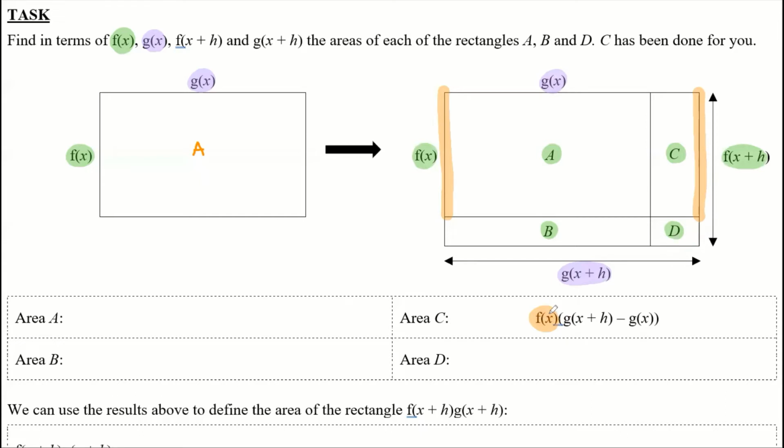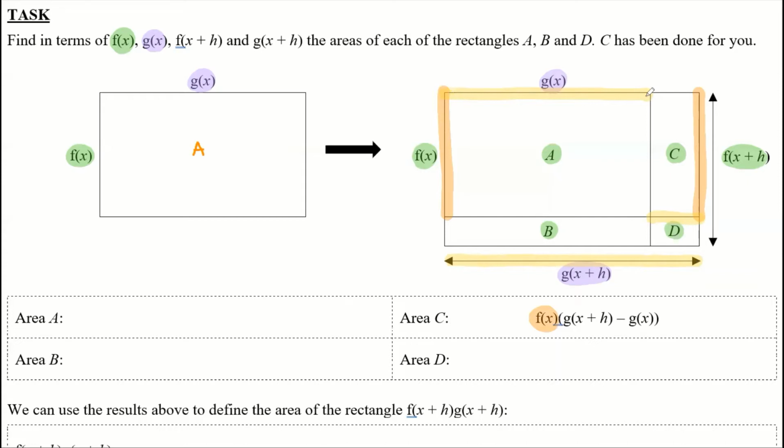Now, the shorter distance, which we can see here, which I need, so the width of my rectangle, how does that come about? Well, that comes about because we've got this distance here, which is g of x plus h. That's the length of the largest rectangle, but we don't want the full length, so we need to subtract the length of this rectangle A. So the width of C is obviously the difference between g of x plus h and g of x.